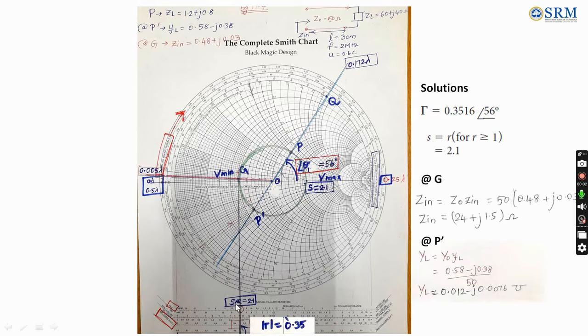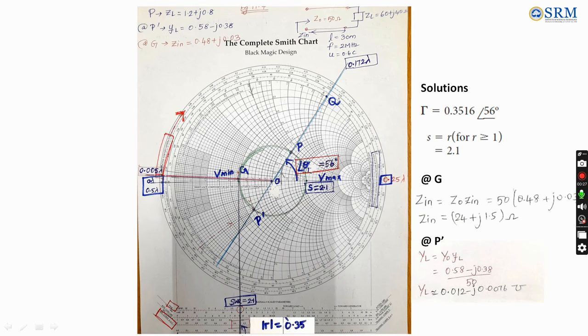There is another way to find the VSWR and magnitude of reflection coefficient. Since these two scales, the SWR is the first scale given towards the left hand side of the Smith chart, and in the third scale we can see the reflection coefficient is given here. Okay, so we have to draw a straight line connecting the VSWR circle to the scale.